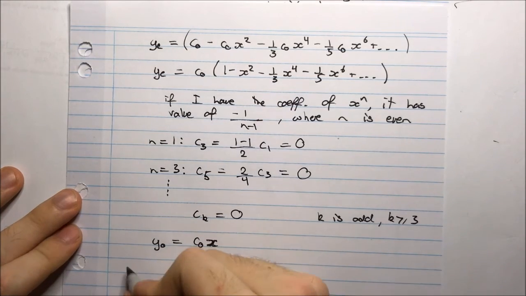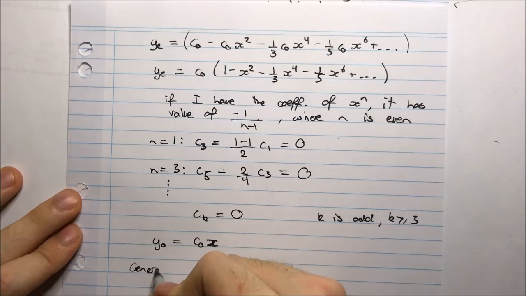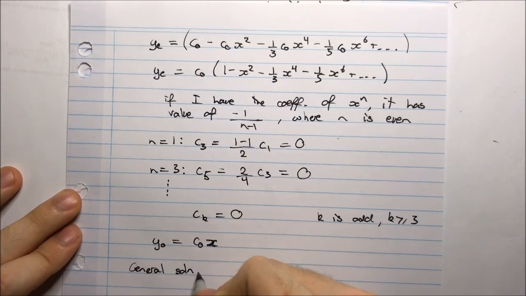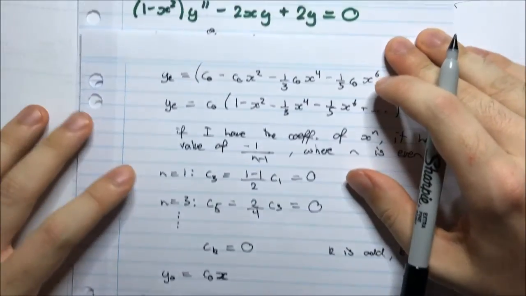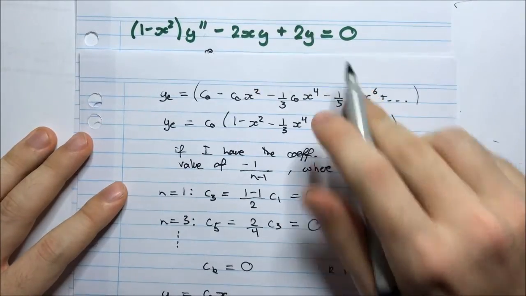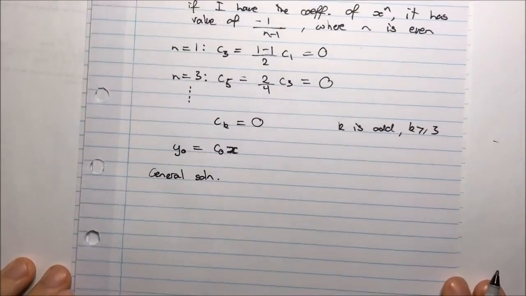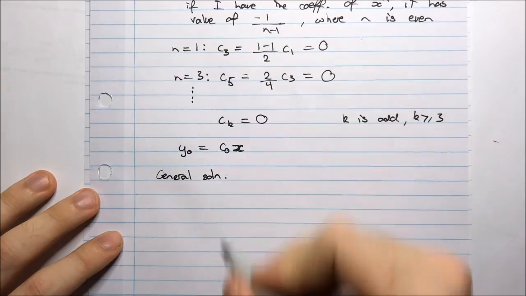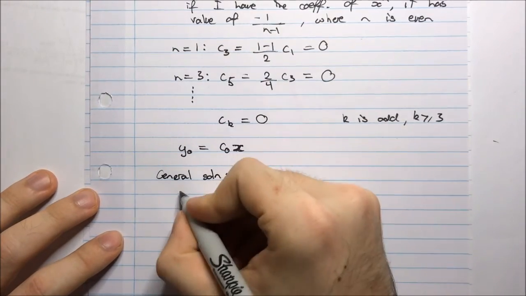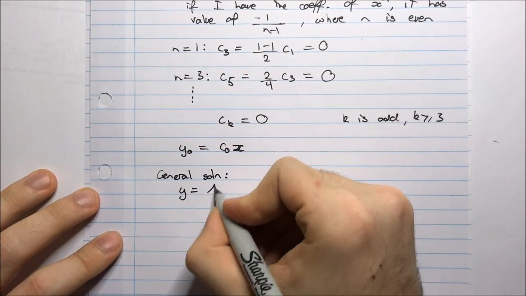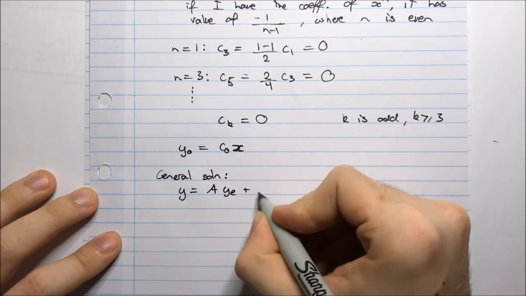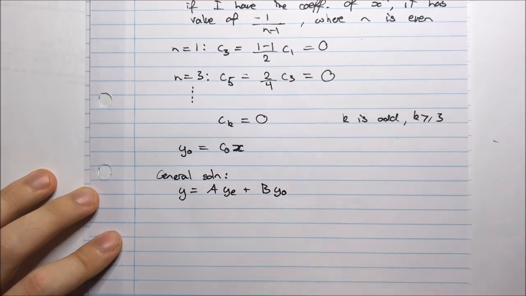Well, my general solution would be the following. Since this equation is linear, I can use a superposition principle and add up my two solutions. So the general solution is going to be y equal to a times ye plus b times y odd.